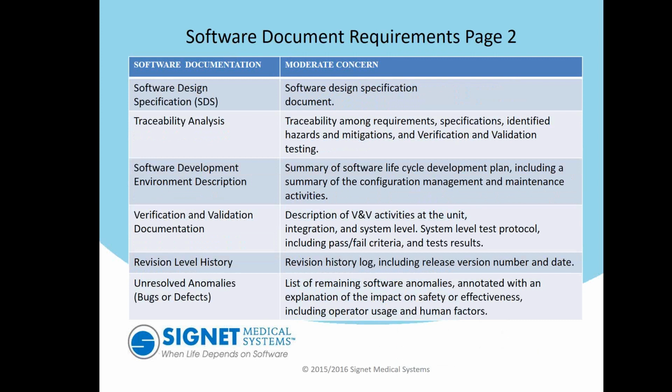This is a revision history log including release version, number, and date. So you need to be able to provide that to the FDA. And finally, an unresolved anomalies report. So this is a list of the remaining software anomalies annotated with an explanation of the impact on safety or effectiveness, including operator usage and human factors that may be involved in these particular anomalies.